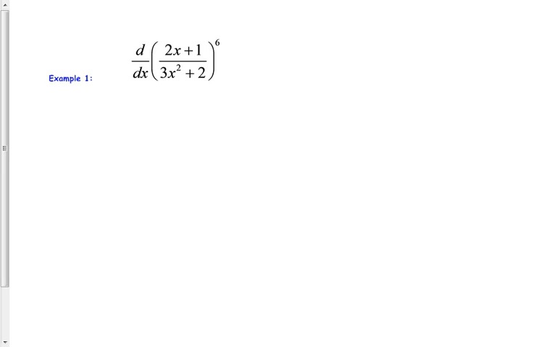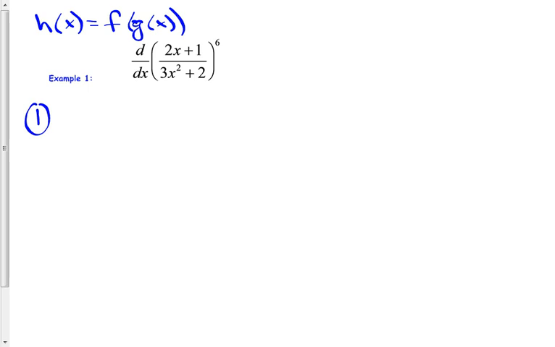So let's first identify the inside function. I'm going to say that, in general, a composition is going to be written as f of g. Now, for many of our practices, I will have g as the inside, f as the outside. You need to allow yourself to be able to switch them, because it's not always that order.